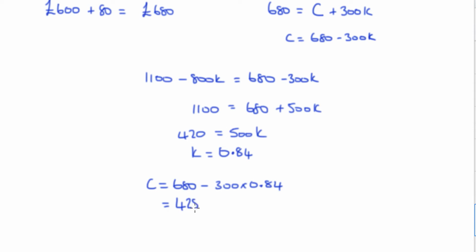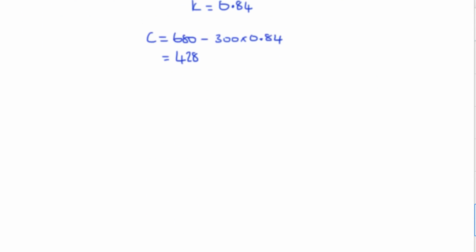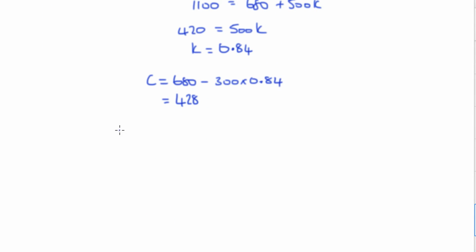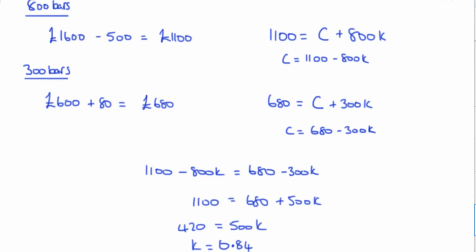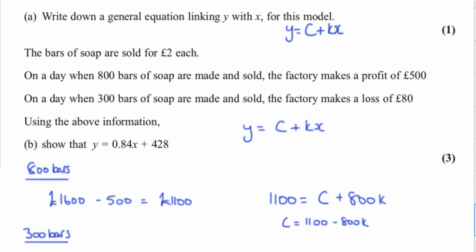So it costs £428 per day plus 84 pence per bar to make the bars of soap. If we put that together, that gives us that y is equal to 428 plus 0.84 times the number of bars of soap. And that's exactly what they were looking for as the answer.